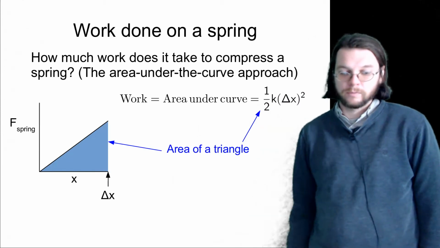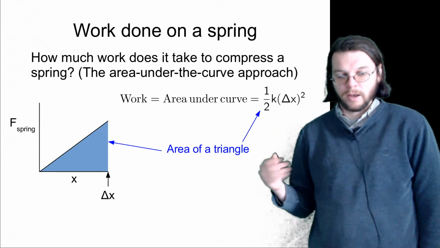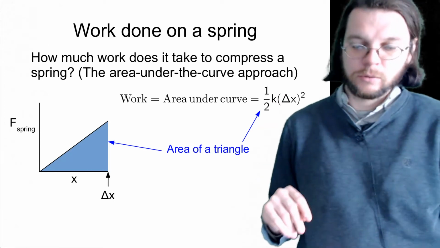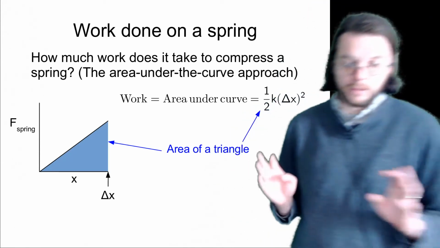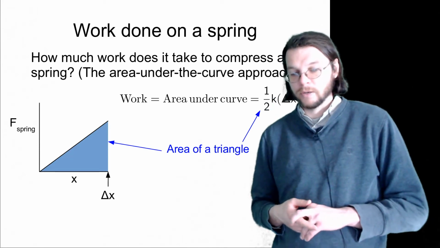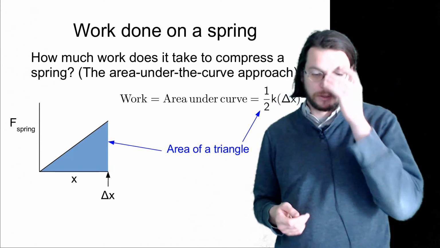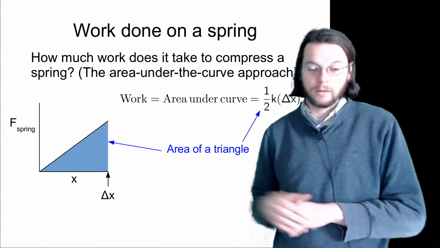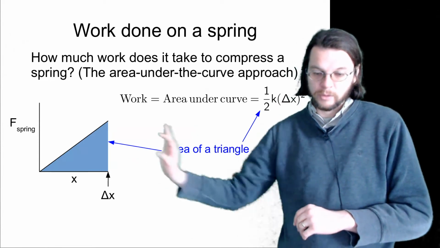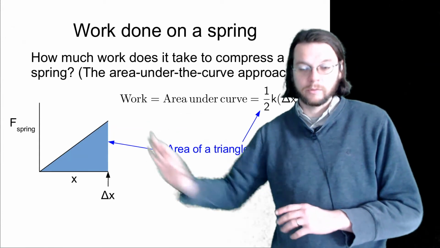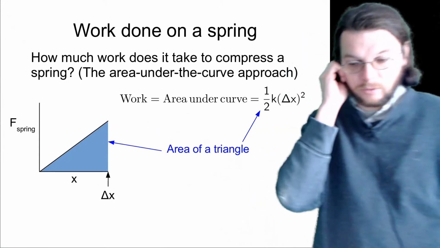And so the moral of the story is that the area under the curve can tell you how much work it takes to do one thing or another. I'm not really going to talk about springs for the rest of this lecture, but I just want to point out that the area under the curve is a good way to think about how much work it takes to compress a spring, or alternatively, how much energy it's storing.